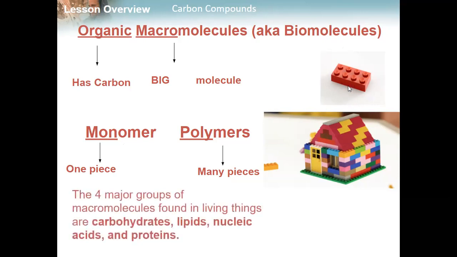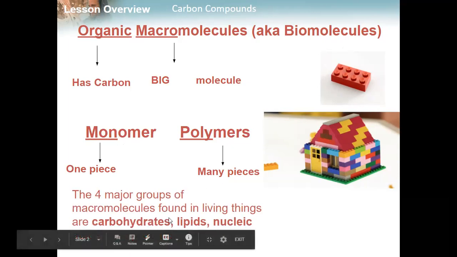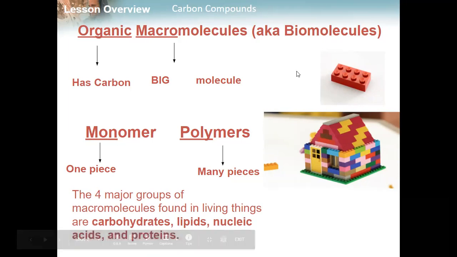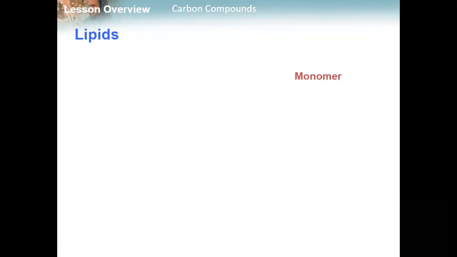We're going to take a look at 4 different types of macromolecules this week: carbohydrates, lipids, nucleic acids, and proteins. Each one of these big molecules is made up of smaller pieces called monomers, and each one has a special name for its monomer. So let's start with lipids.